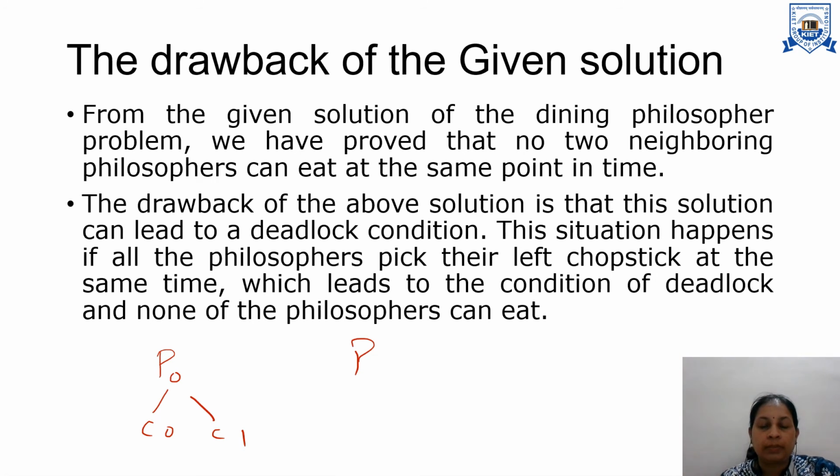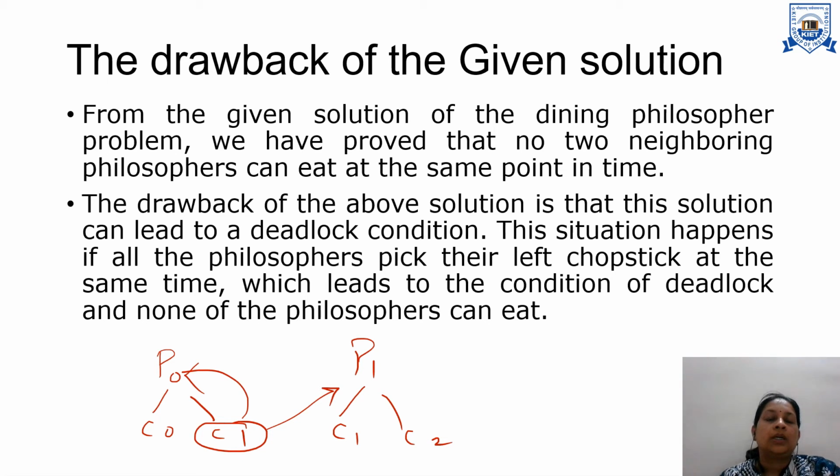But if P1 wants to eat simultaneously, then P1 needs C1 and C2 chopsticks. But you can clearly see that the C1 chopstick is assigned to process P0, so it will not be assigned to process P1. The drawback of the above solution is that it can lead to a deadlock condition.